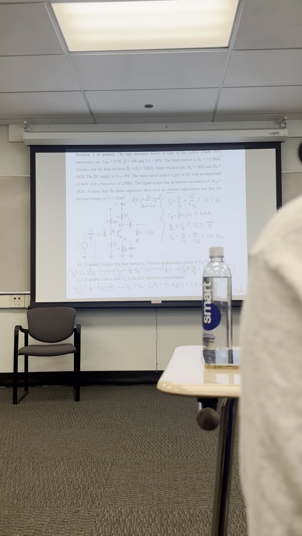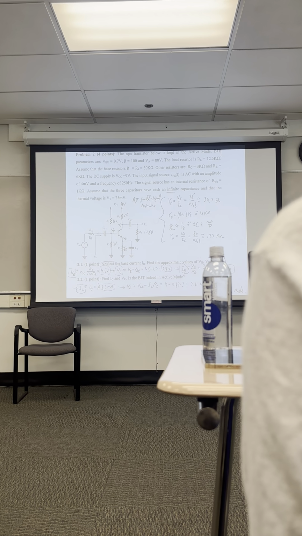The emitter current I sub E is the emitter voltage over R E, 3.8 over 6K, 0.63 milliamp. For I sub C, we assume alpha is 1. The problem said neglect base current, so we can assume alpha is 1. Then the collector voltage, the battery minus I C R sub C, is 7.11 volts.